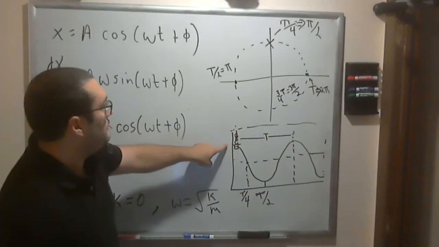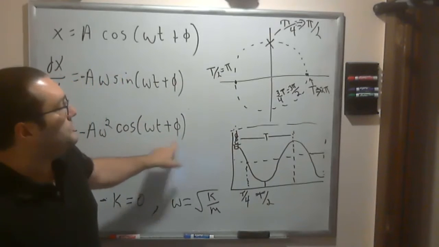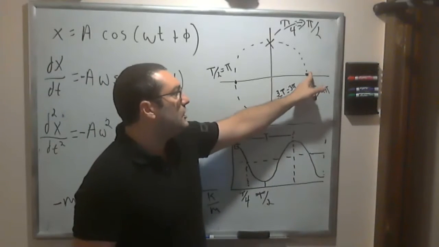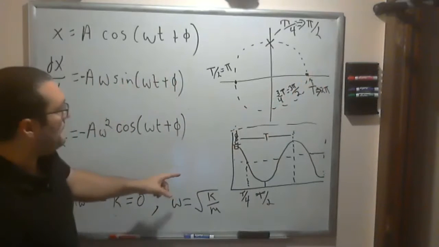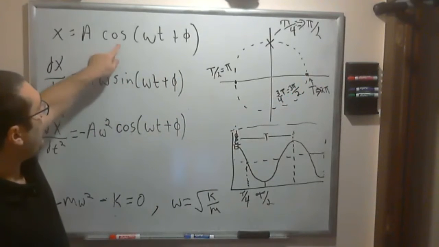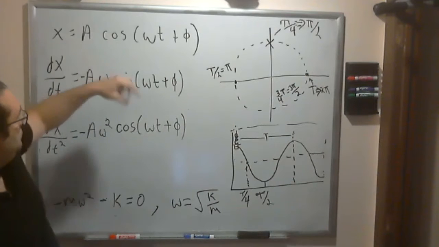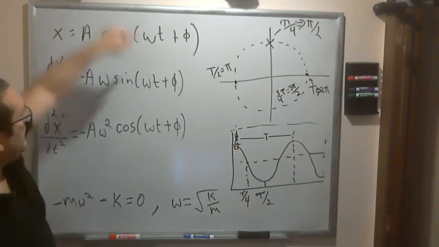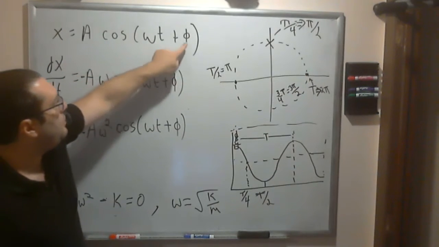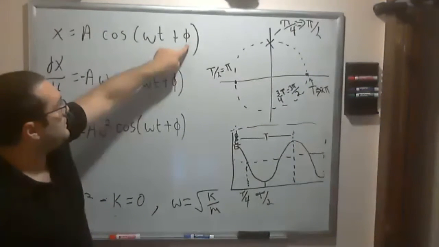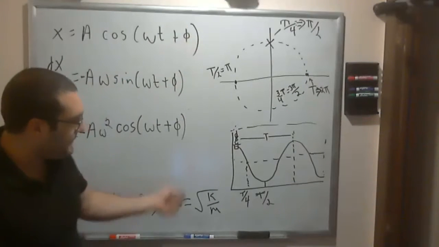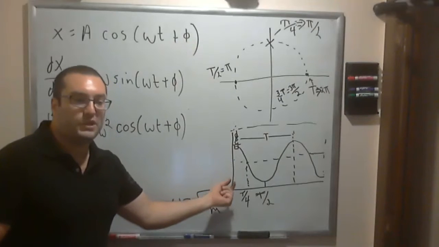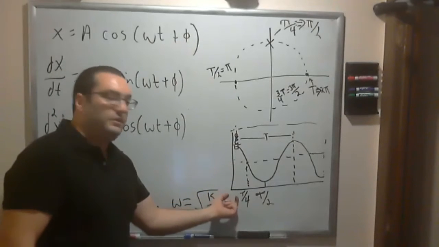If we start when it was up, phi would be 0, because that corresponds to the 0 point on the circle. When cosine is the largest, our x is the largest it could be. So at t equal to 0, we would set this equal to 0 to start at this point.